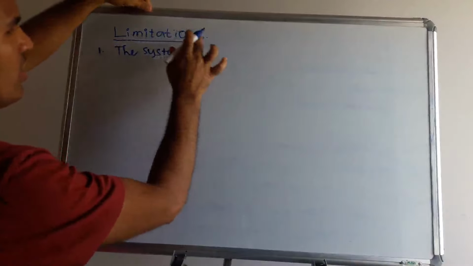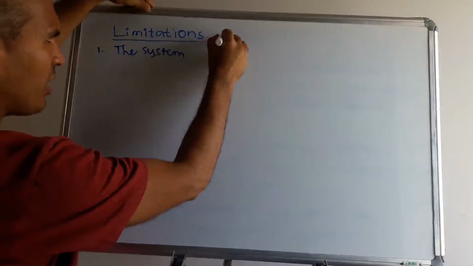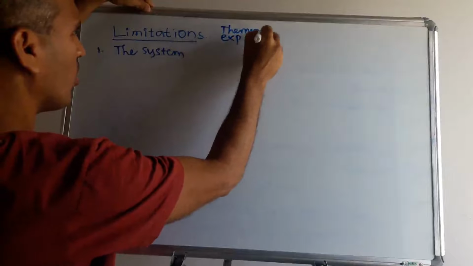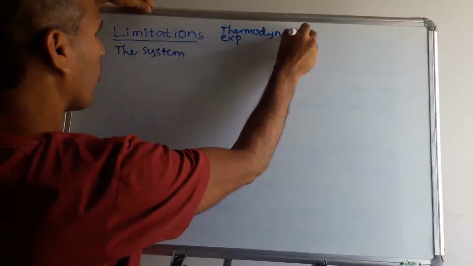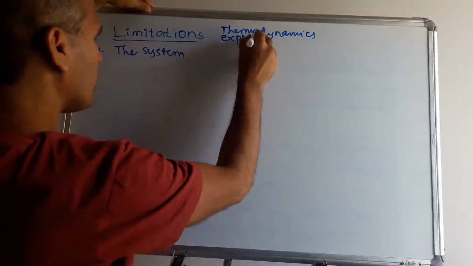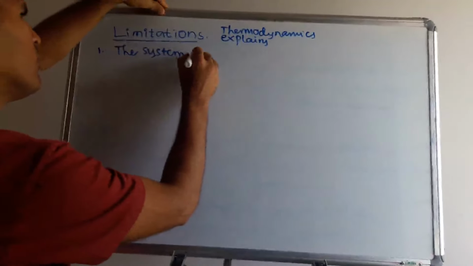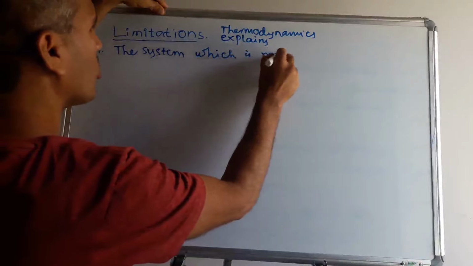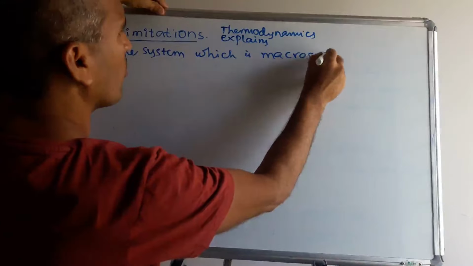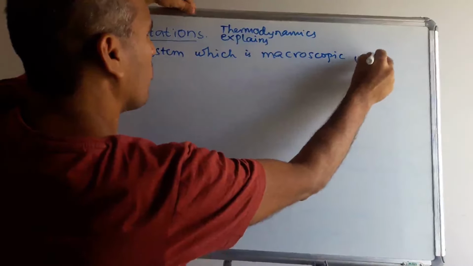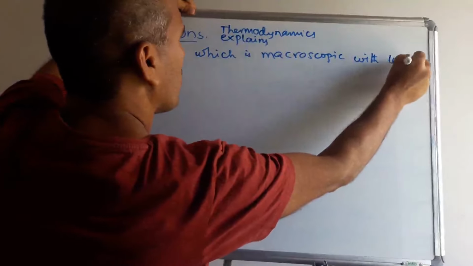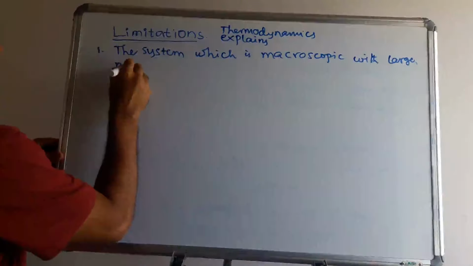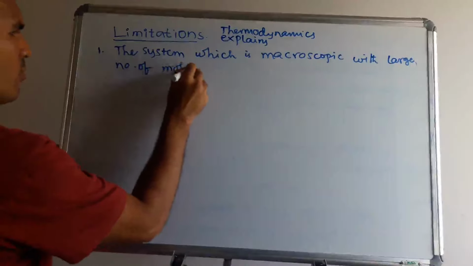Otherwise you can write limitation: thermodynamics explains the system which is macroscopic with a large number of molecules.